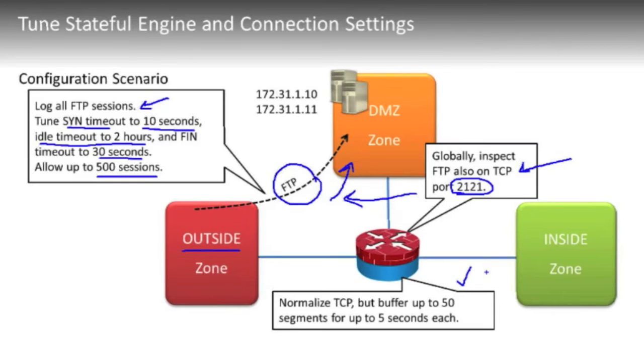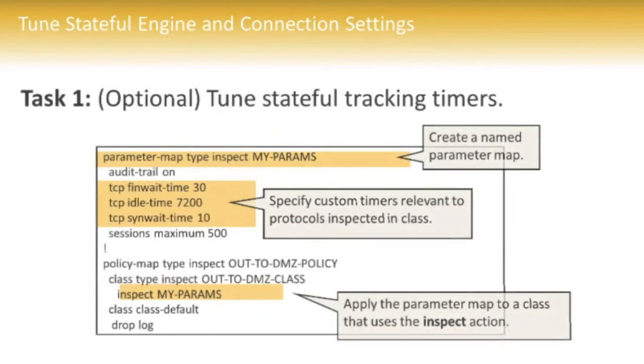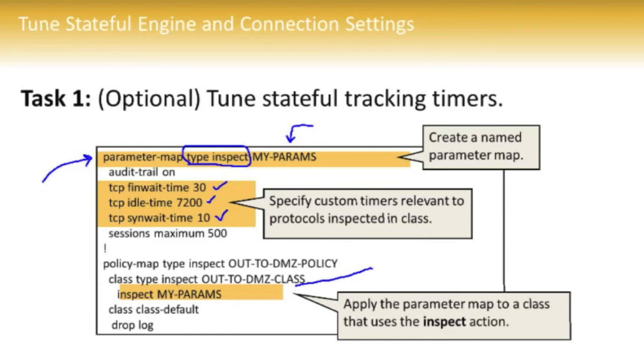Well, to manipulate the timers, notice we do it in a parameter map. I like it. This is the first time we've seen a parameter map. So we create a parameter map, no surprise, of type inspect, and we name it my params. We then go in and set the fin wait time, the idle time, and the SYN wait time. And notice you'll tie this parameter map into your inspect action.